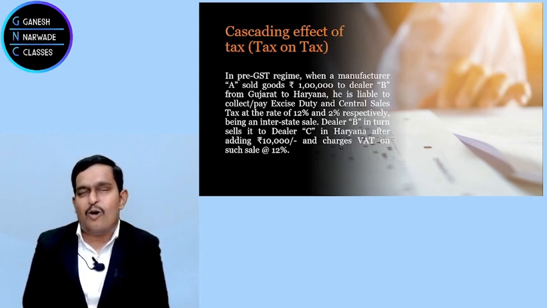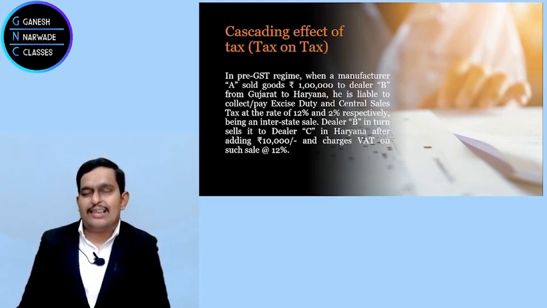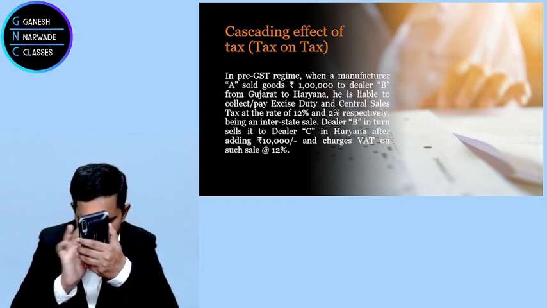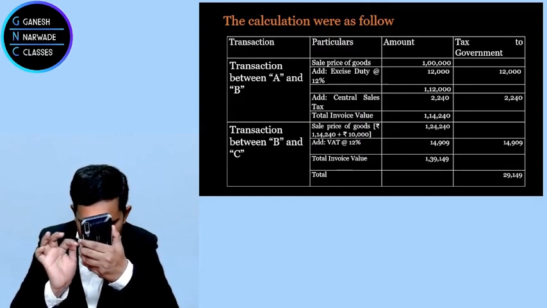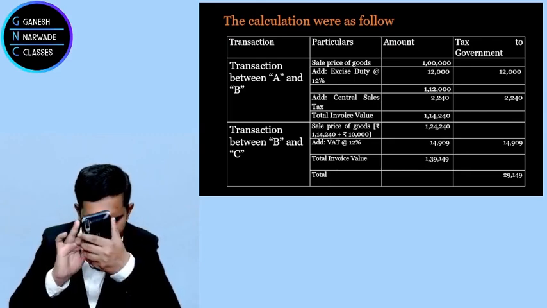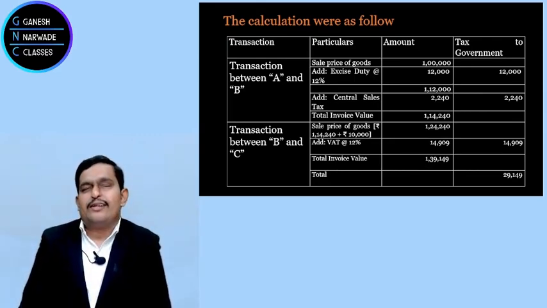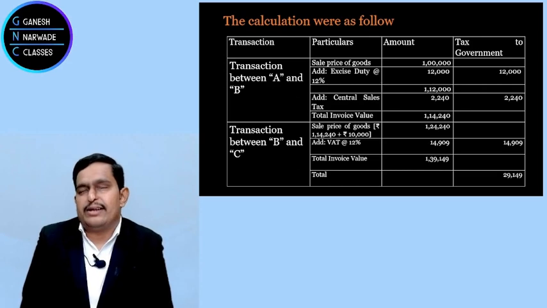How all these calculations happened and how there was multiplicity of taxes and taxes on taxes, let's see with numbers and then understand the practical importance of GST. Let me also open. You also open with me. You also check on the screen. Okay. Now, see what happened.